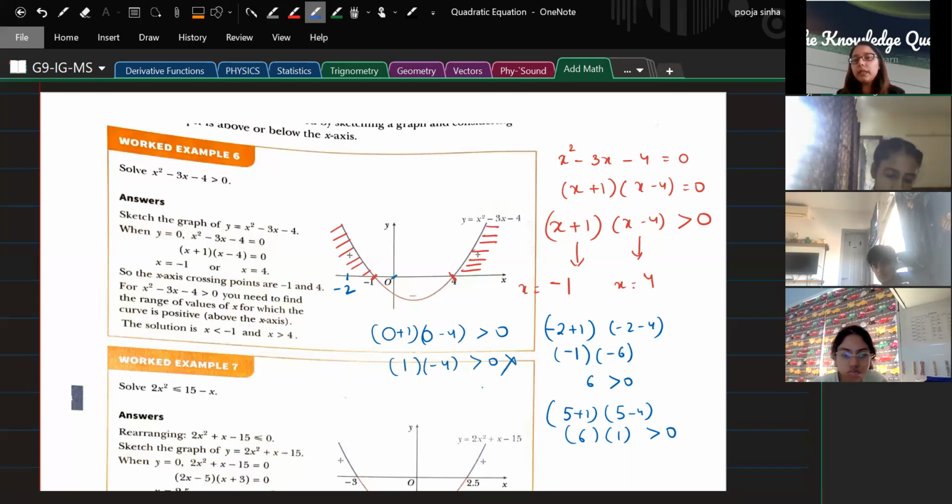Right? So that's why my answer did not come, because I tried to take a value in between them. Right? Okay? Got it? Are we clear now how to do it?